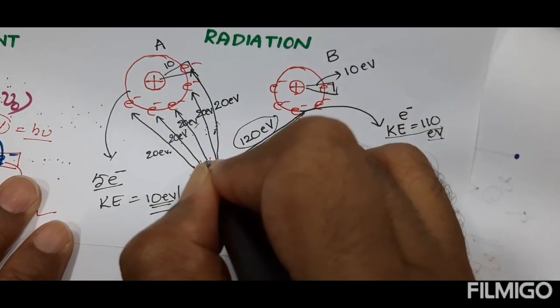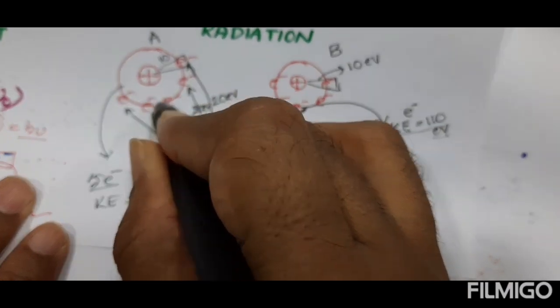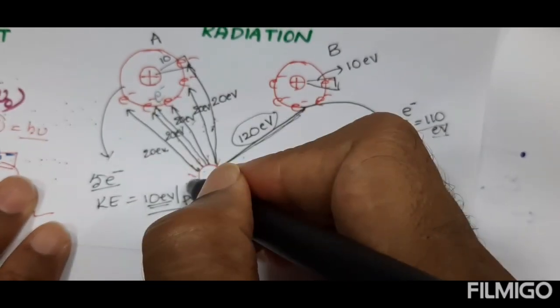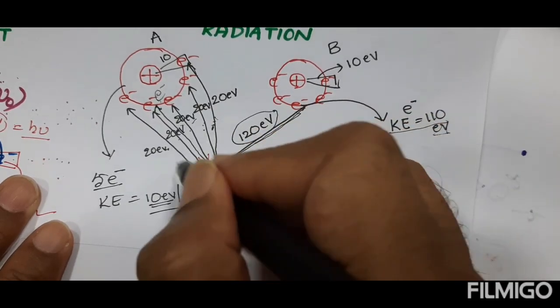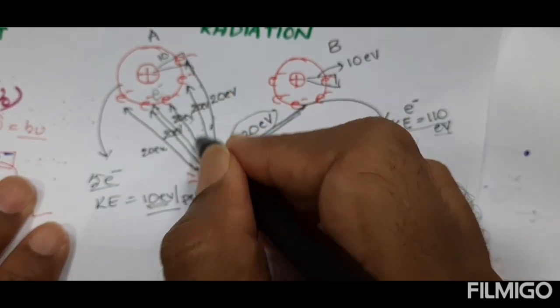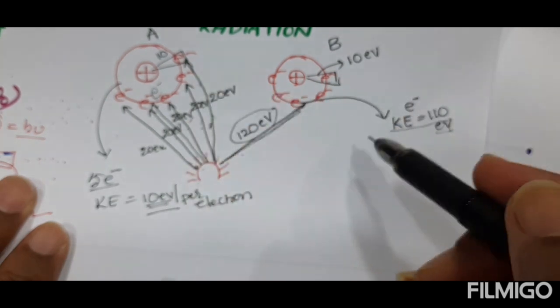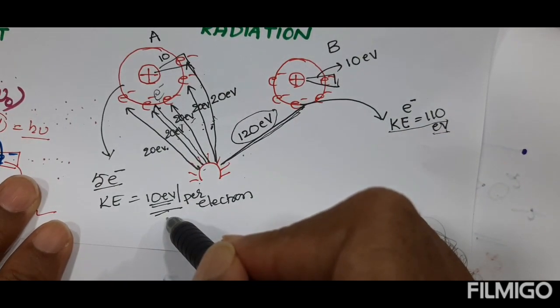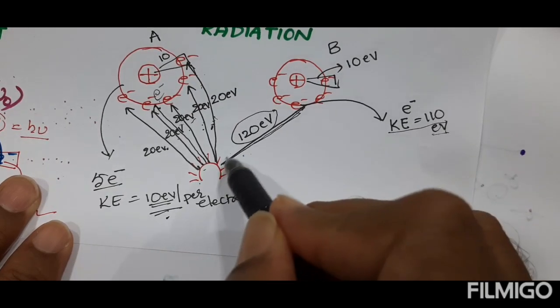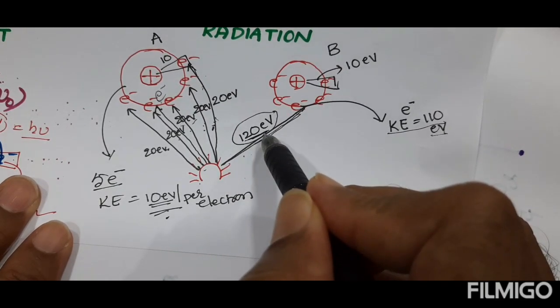Suppose you use a 6th photon and there is a 6th electron. What is the kinetic energy? 10 electron volts. If you take 10 photons or 20 radiations, the kinetic energy will never change. Kinetic energy changes with the energy of the radiation.